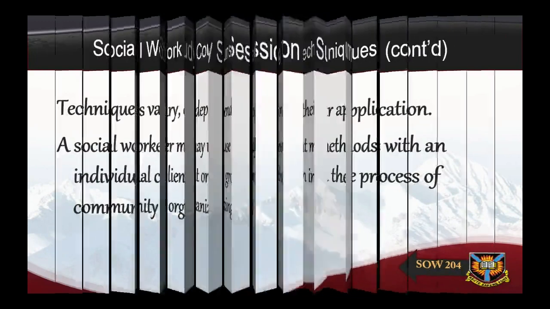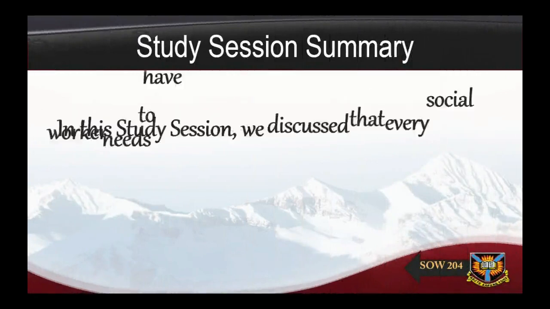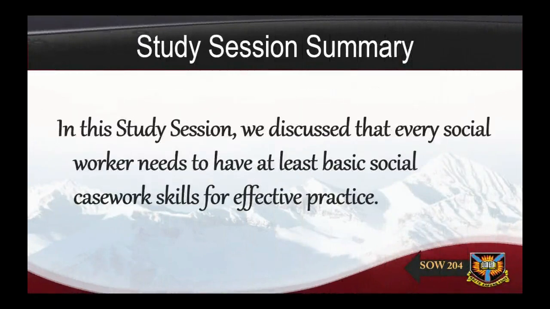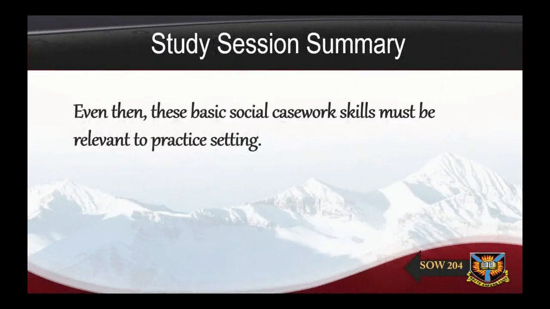Study session summary. In this study session, we discussed that every social worker needs to have at least basic social casework skills for effective practice. Even then, these basic social casework skills must be relevant to the practice setting.